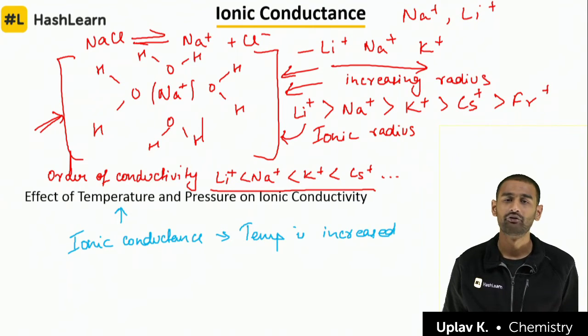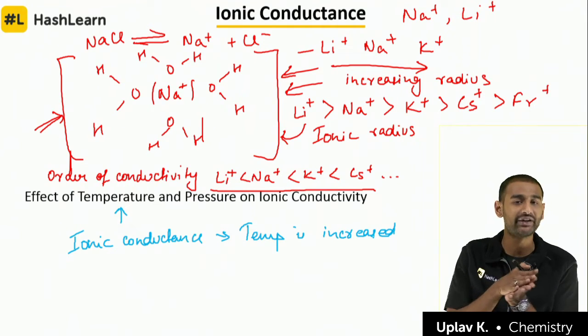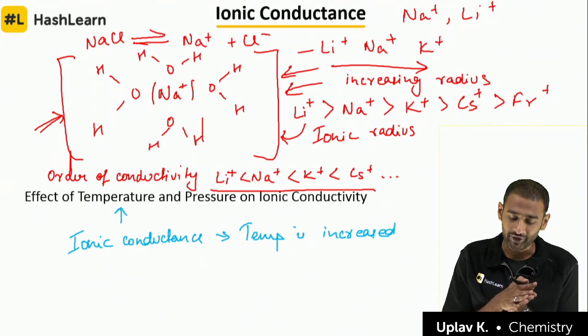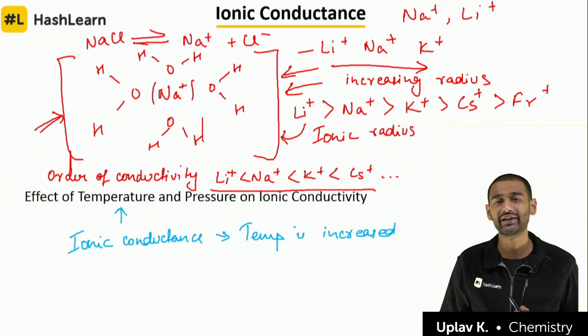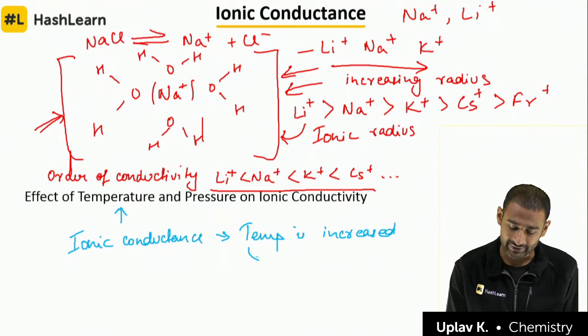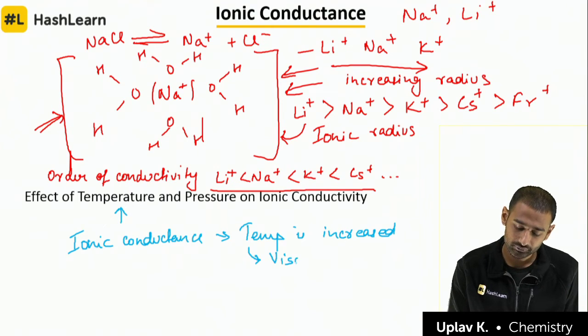What is viscosity? Viscosity is basically the friction between the different layers of water, right? So if I increase the temperature because of larger movement, can I say that the viscosity will decrease? I can say that the viscosity will decrease now.